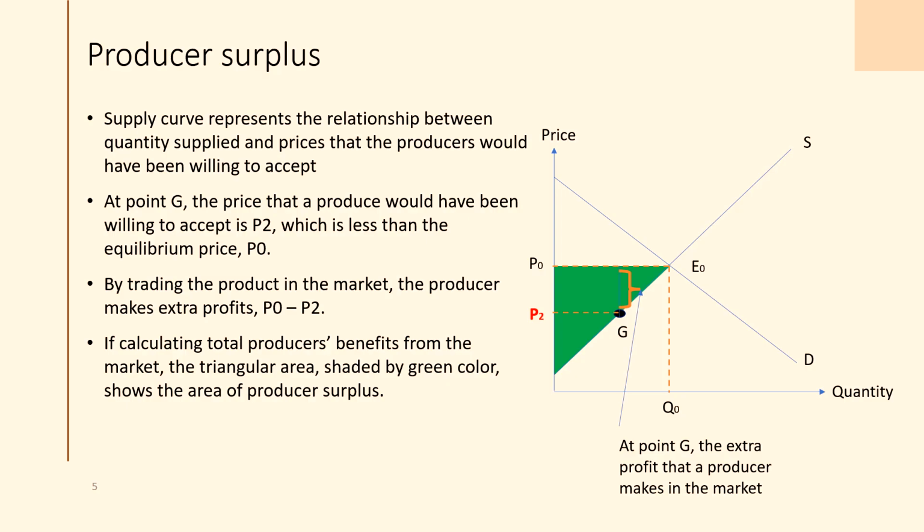This is the producer's surplus. If we sum these across all producers, we get the total producer surplus, which is the triangular area below the price and above the supply curve. This represents the total benefit producers gain from selling in the market.